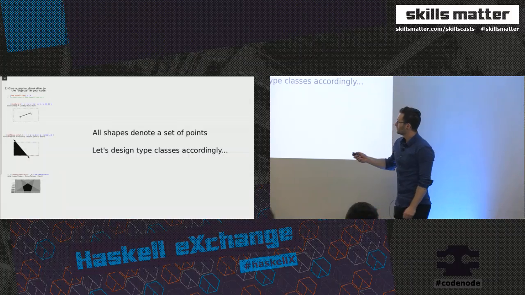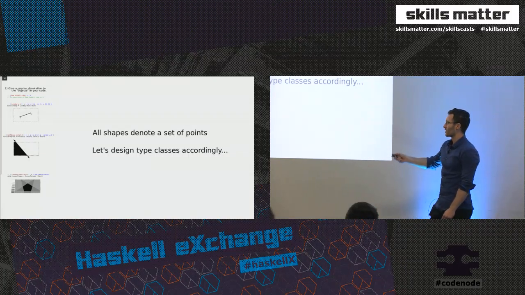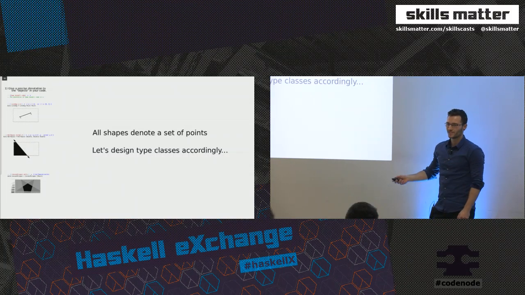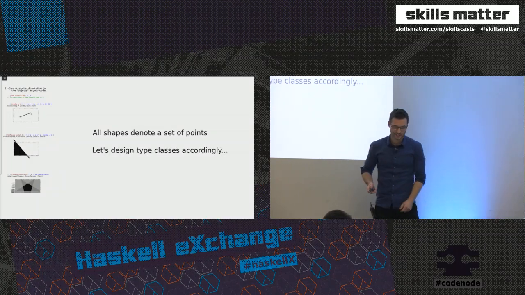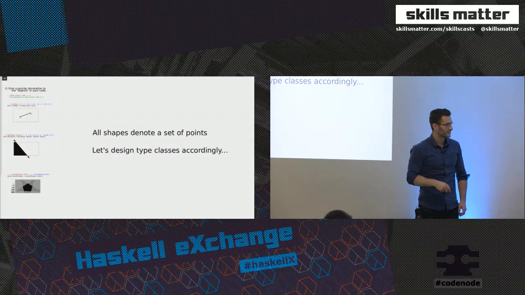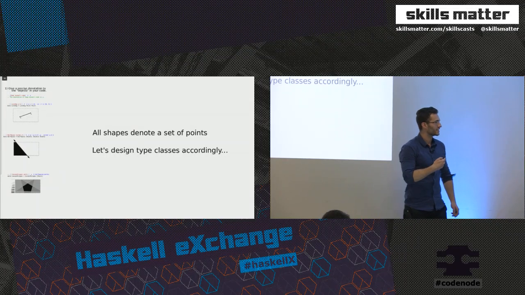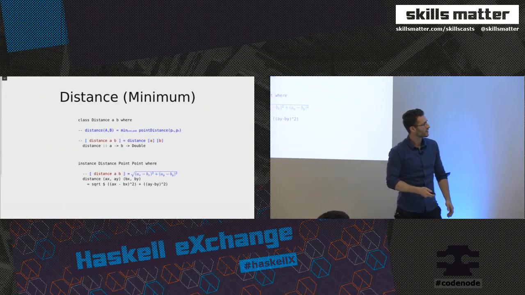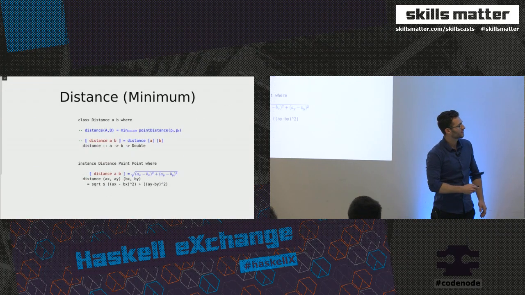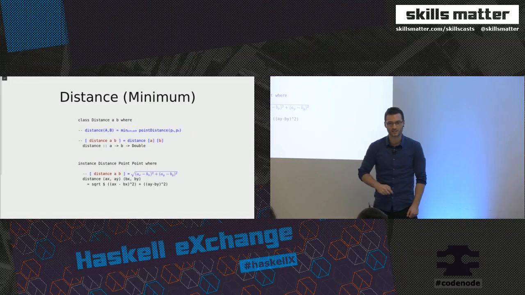Right, so you may have noticed that all of these shapes are described as point sets. Which is great because now we can write type classes, and we can describe what the functions of them do according to the denotation of a set of points. As an example, let's start with distance. And what I mean by distance is really minimum distance.